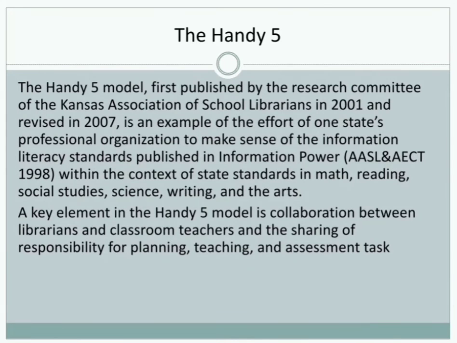The Handy 5. The Handy 5 model, first published by the Research Committee of the Kansas Association of School Librarians in 2001 and revised in 2007, is an example of the effort of one state's professional organization to make sense of the information literacy standards published in Information Power, AASL and AECT 1998, within the context of state standards in math, reading, social studies, science, writing, and the arts.